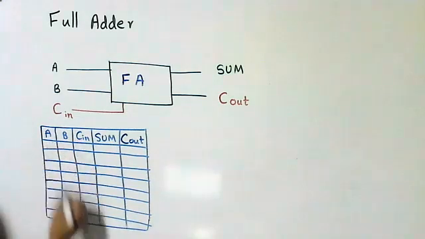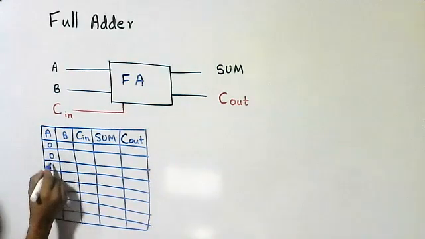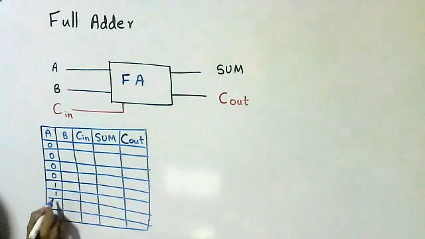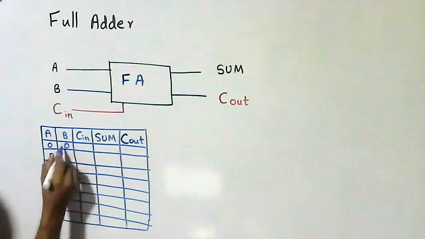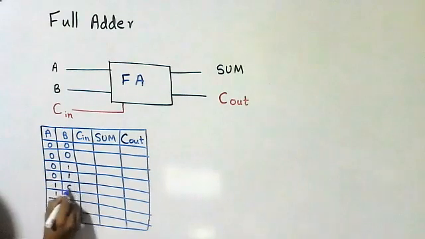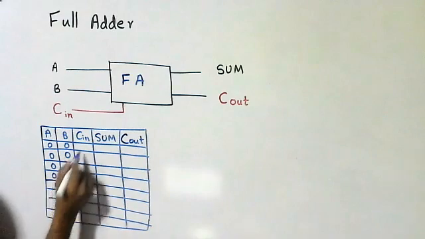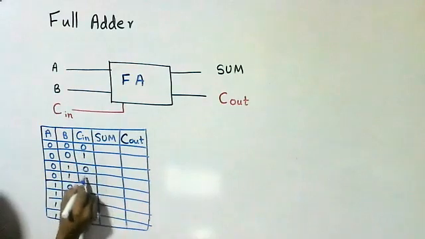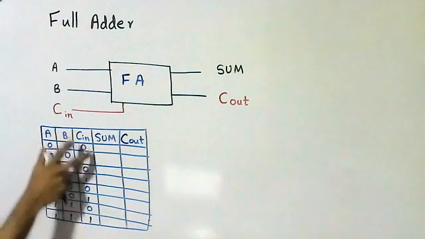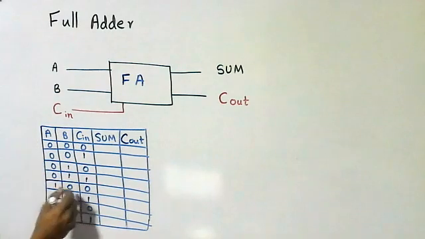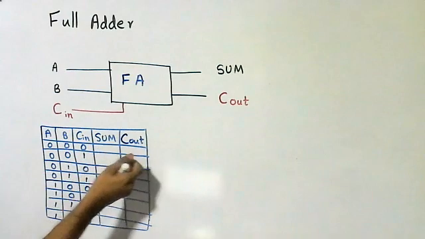Right. I'm going to fill this: 0, 0, 0, 0, 1, 1, 1, 1. Then 0, 0, 1, 1, 0, 0, 1, 1. Then 0, 1, 0, 1, 0, 1, 0, 1. According to these inputs, I'm going to have the sum and C out.